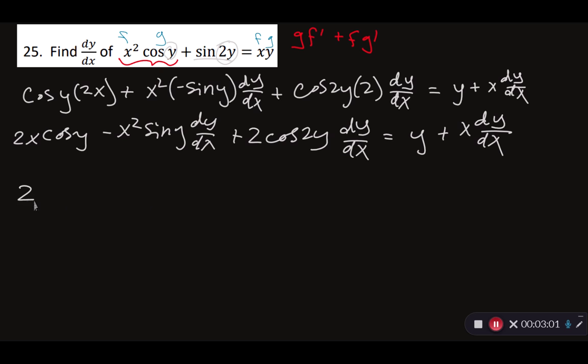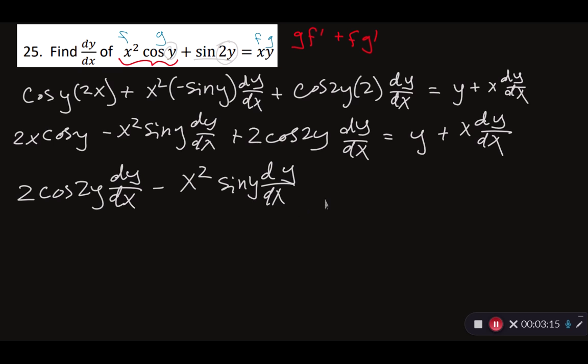I'm going to have 2 cosine 2y dy/dx minus x squared sine y dy/dx minus x dy/dx equals y minus 2x cosine y.